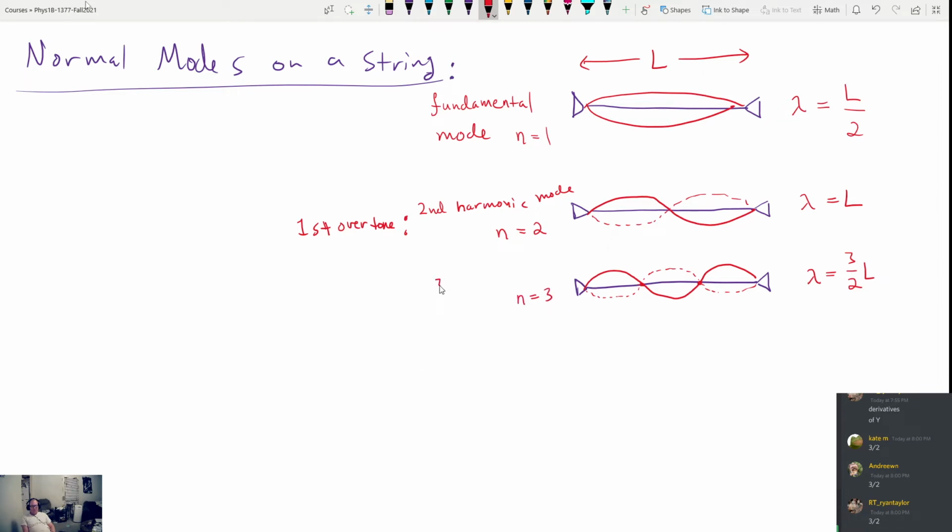We call this one the third harmonic mode, and this would then be the second overtone. What's an overtone? Does anyone here play music? Tori, you've heard the phrase overtone before? What's an overtone?